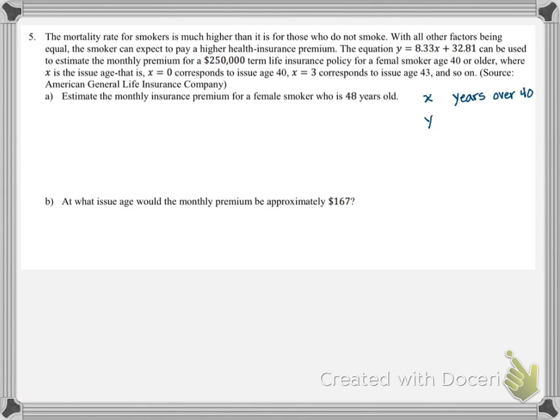And then what's y? The total. Yep, our total cost or total premium. And how are we measuring the premium? Like, what are our units? Monthly. Per month. And dollars, right? So dollars per month. And I always think about that only because sometimes we don't measure it in dollars.